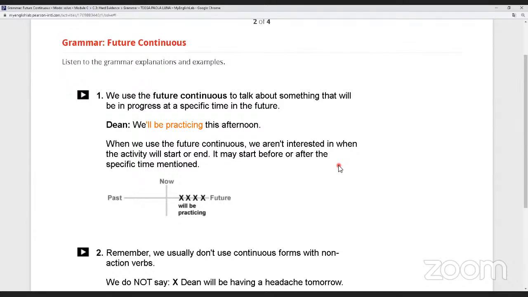Okay, what is the difference? And you're going to notice it, right? It's not difficult. I know sometimes because we have so many time tenses, we sometimes get confused.